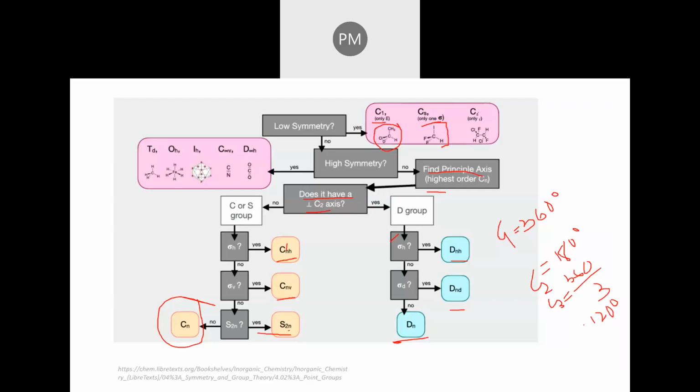Next, an improper axis of rotation, S n, is the improper axis of rotation. It means rotation followed by reflection. If you get the same molecule, then an improper axis of symmetry is present.